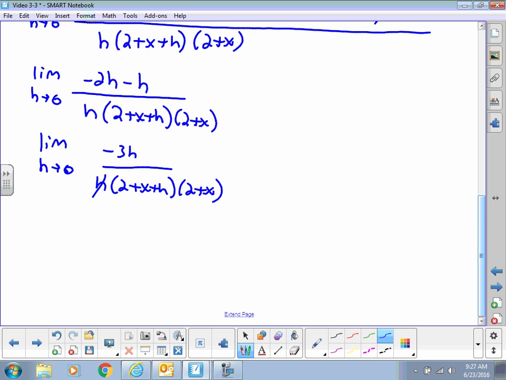You can now divide out the h's. That leaves us with the limit as h approaches 0 of negative 3 over 2 plus x plus h times 2 plus x.